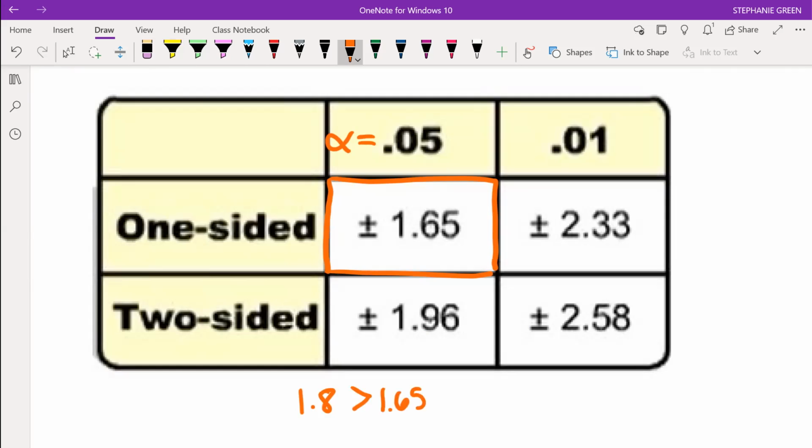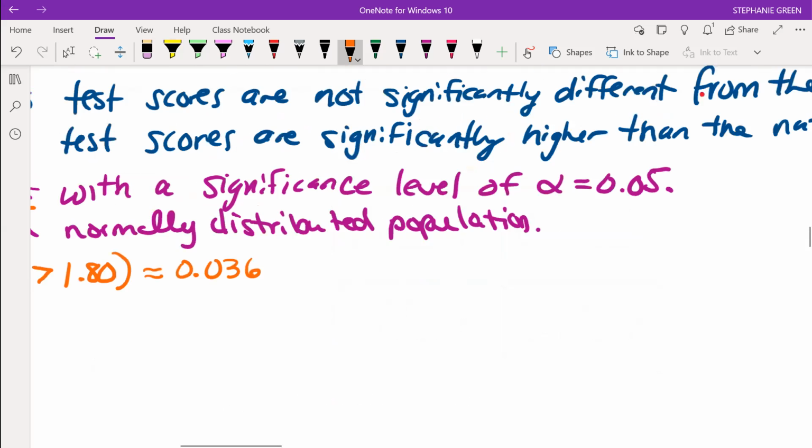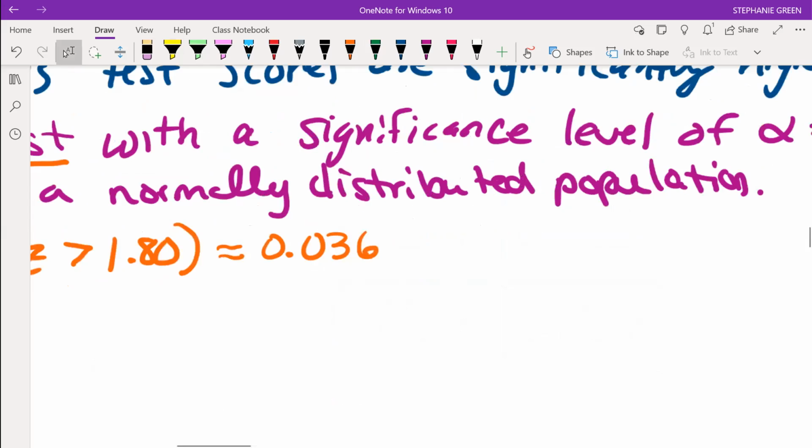Therefore, it is statistically significant. Okay, looking up here at the actual p-value I calculated, the p-value was 0.036. 0.036 is less than the significance level that we chose, 0.05. So that also tells us that this is statistically significant.